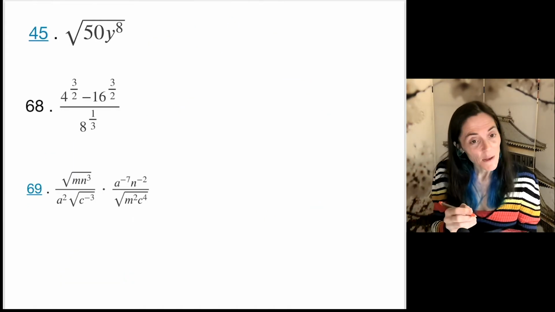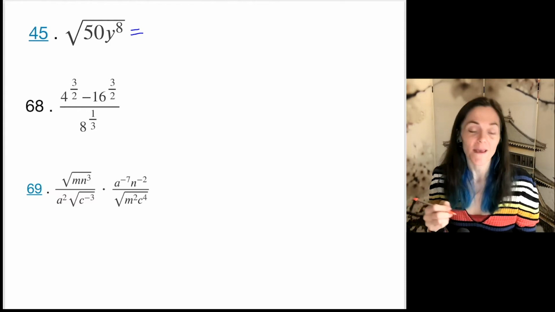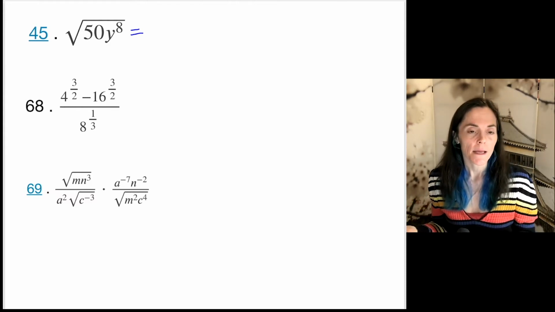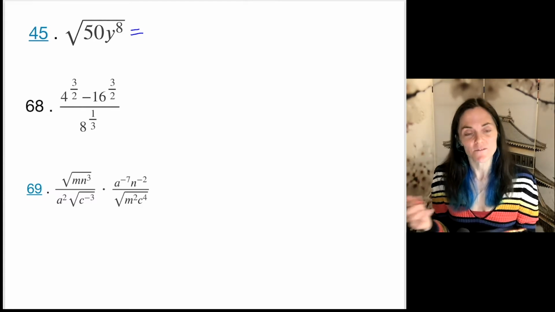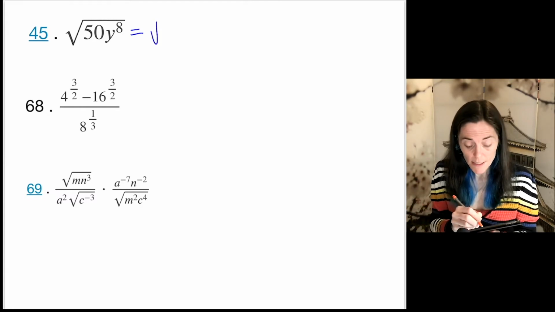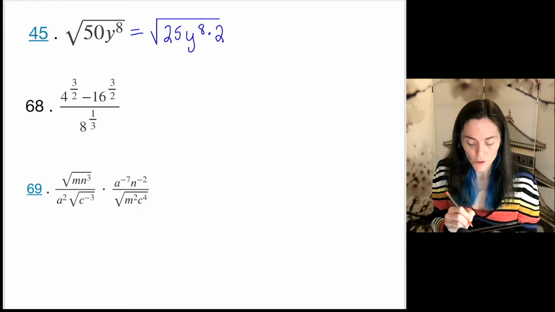45. Well, it's kind of similar to the last one in that we have a 1/2 power. Well, 25 times 2 is 50. Maybe I will do this as an intermediate step. So underneath here, I have a 25. I have y to the 8, and then I have 2.